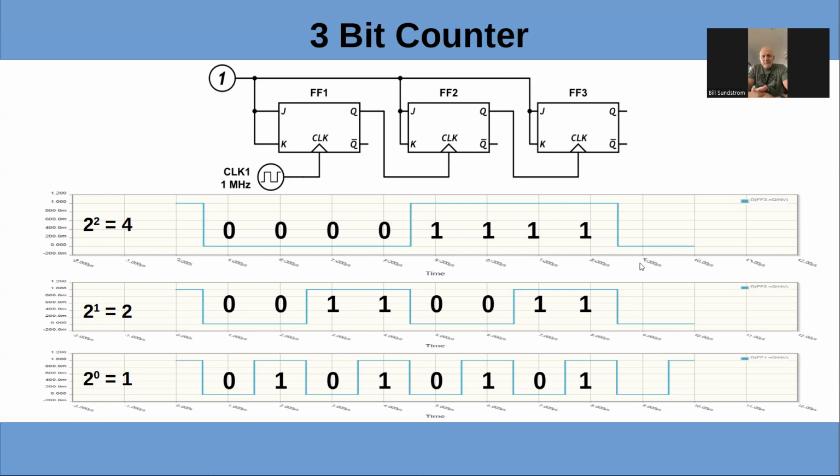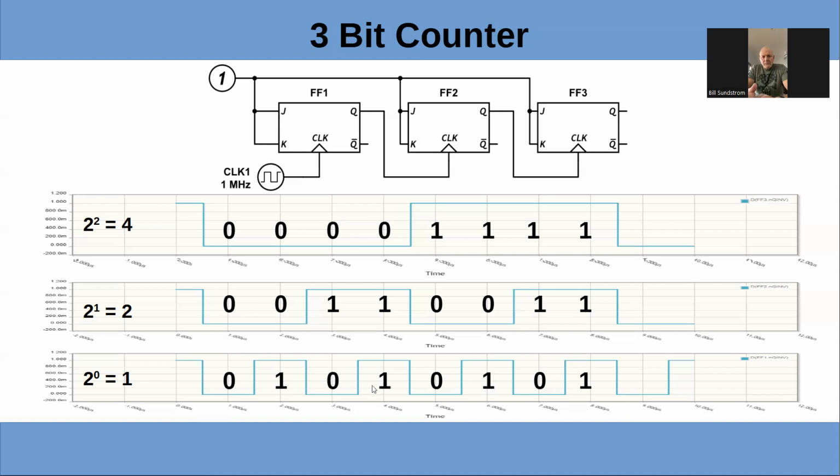Which, if you look at the trace down here where I ran a simulation of this, the bottom is the actual output of the first stage, flip-flop 1, and then 2 and 3.